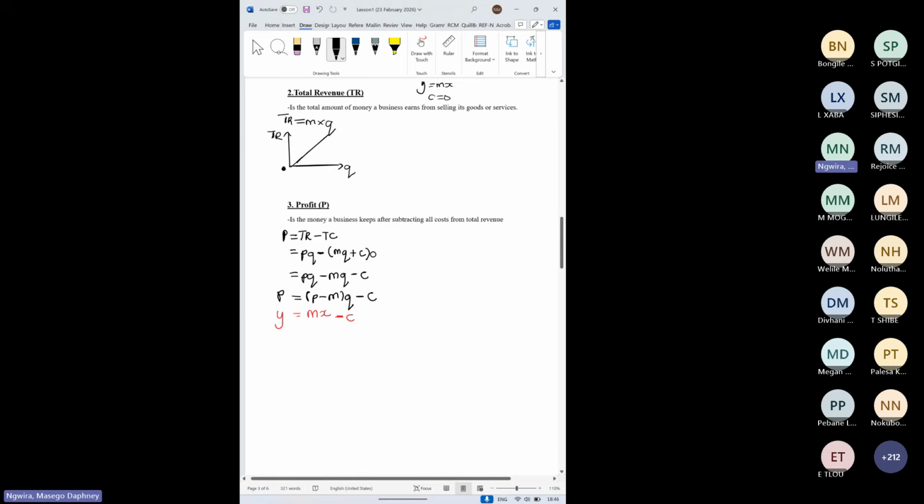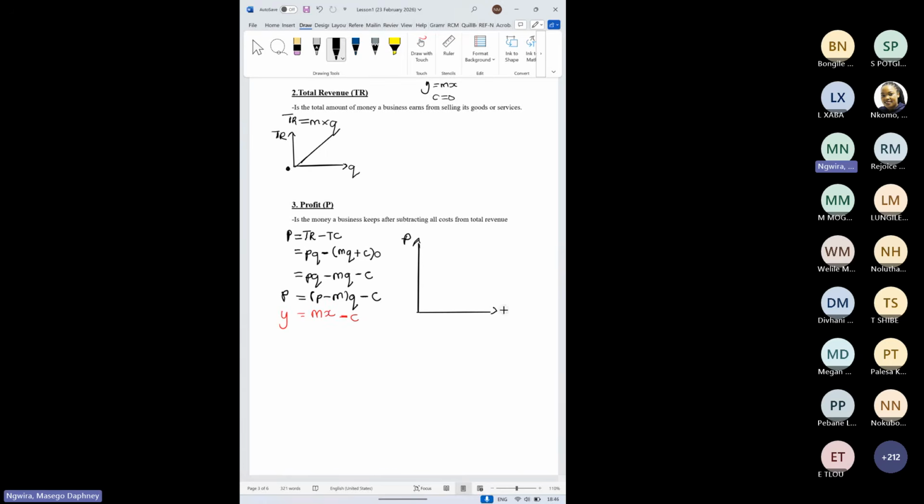So I'm just going to draw the graph of this function. Just bear with me. Again, the p is my y, so it means that if I was to draw the function, this will be my p, and then now this will be my q.